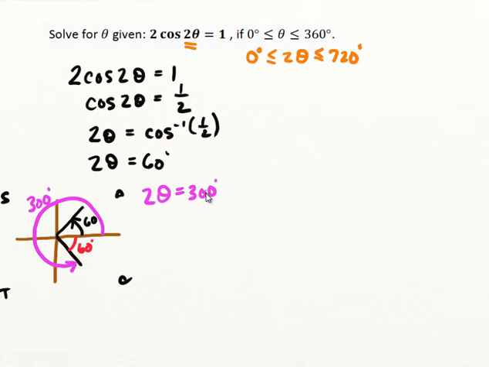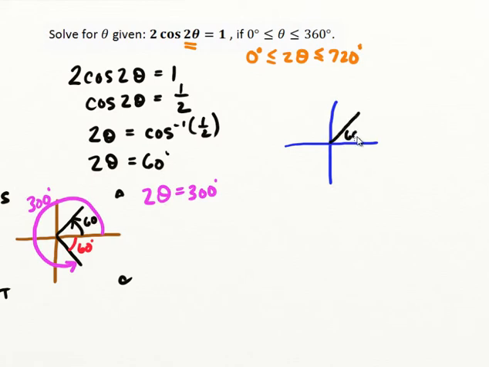Well, are we done? The answer is no. The reason we're not done yet is because of this restriction over here for 2 theta. It says that 2 theta is allowed to go up to and include 720. So if we look at our original diagram with 60 degrees and then 300 degrees, there is another angle that is coterminal with 60 degrees.